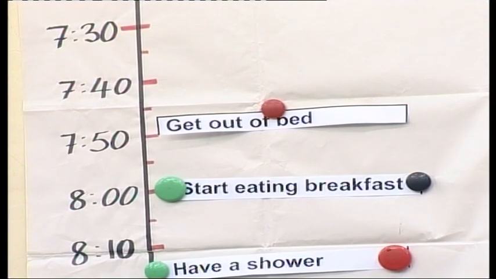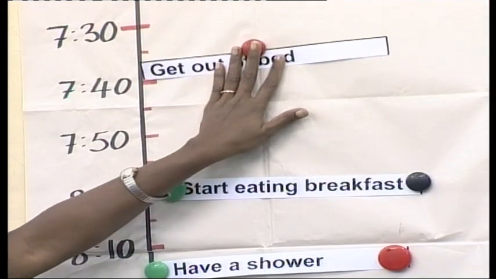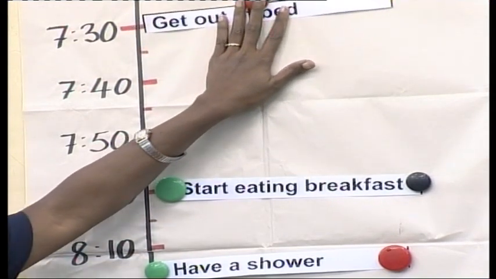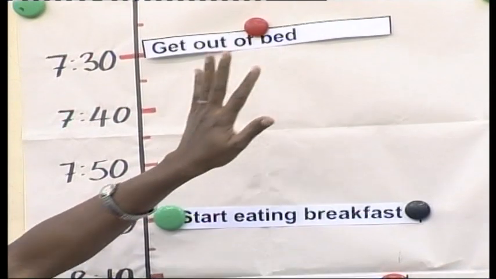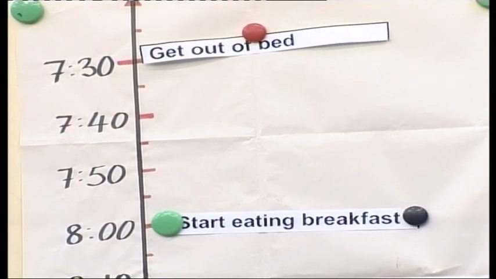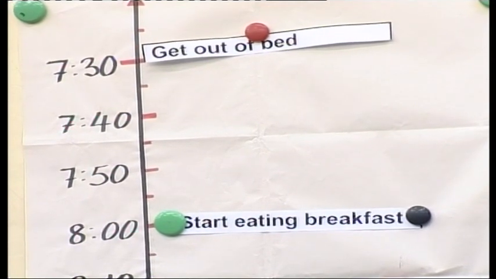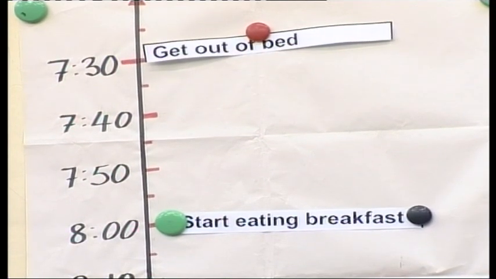Okay, the correct time that you and I will be getting out of bed would be 7:30 and not 7:50. So correction here: get out of bed should be at 7:30. Start eating breakfast at 8 o'clock, when you and I are supposed to be in the classroom.